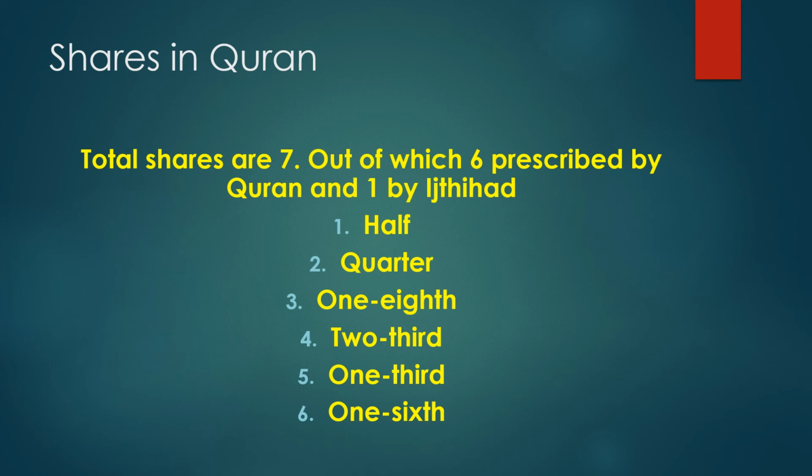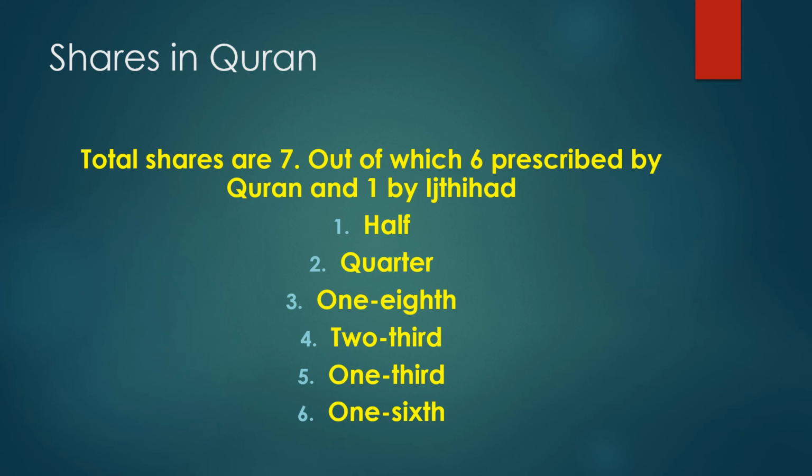Six are prescribed by the Quran and one by Ijtihad, the research of the Mujtahideen. Which are those shares? Half, 1/2; quarter, 1/4; one-eighth, 1/8; two-thirds, 2/3; one-third, 1/3; and one-sixth, 1/6.